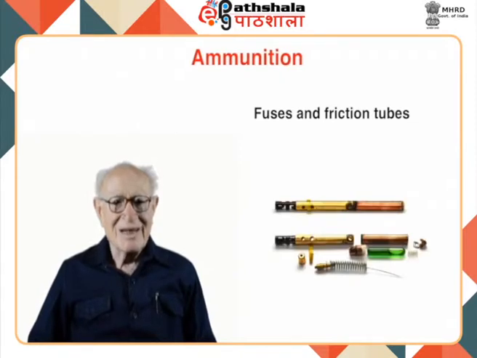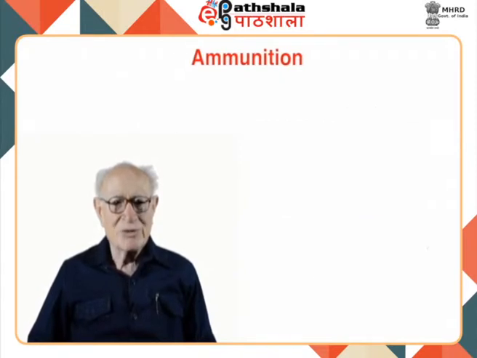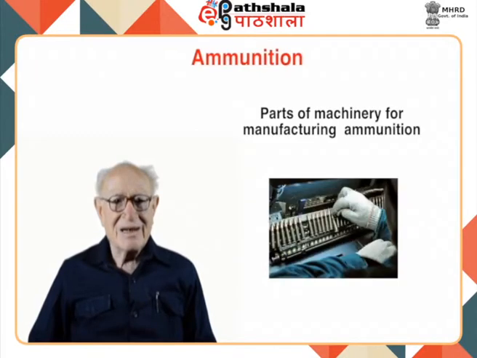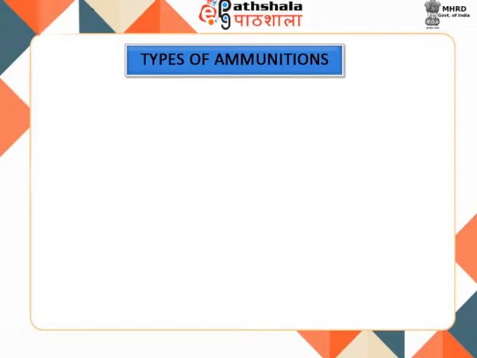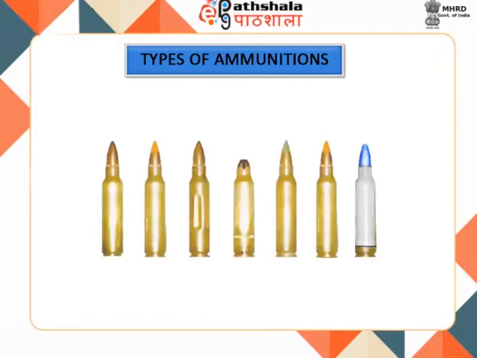Fuses and friction tubes. 6. Parts of and machinery for manufacturing ammunition. Most of the crimes committed involve use of small arms, which consist of cartridges, propellants, primers, projectiles and wads. We shall now begin discussing the types of ammunitions.